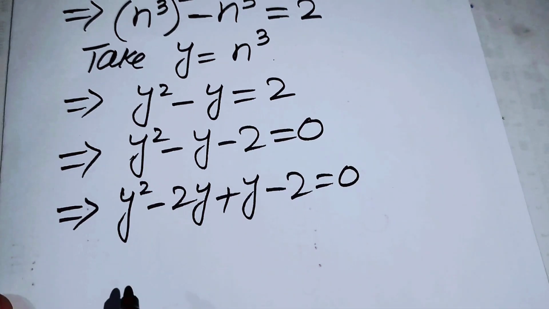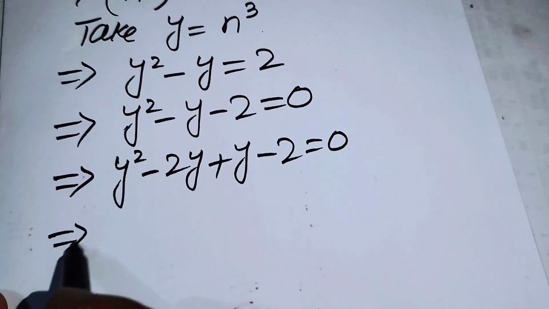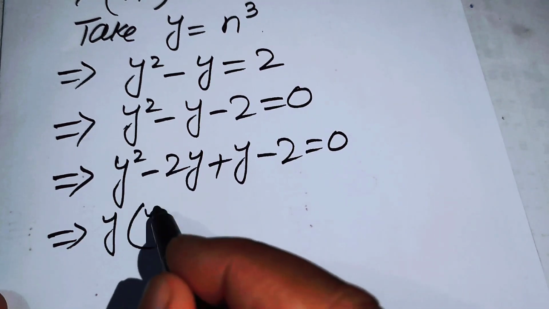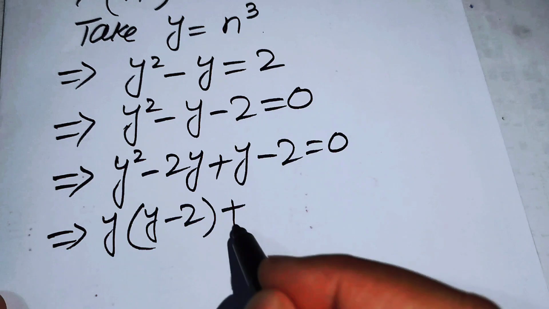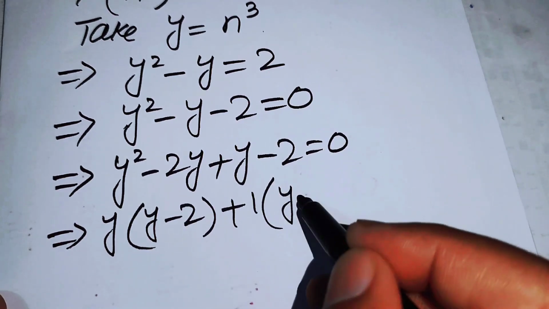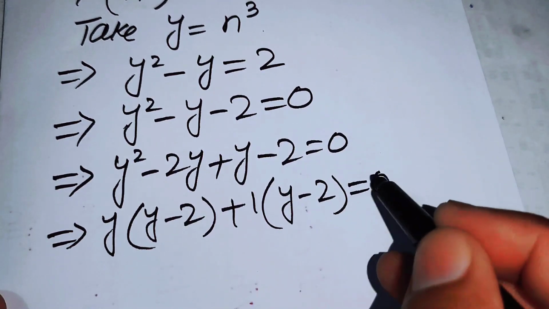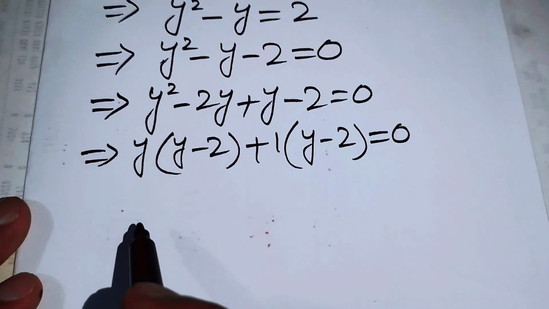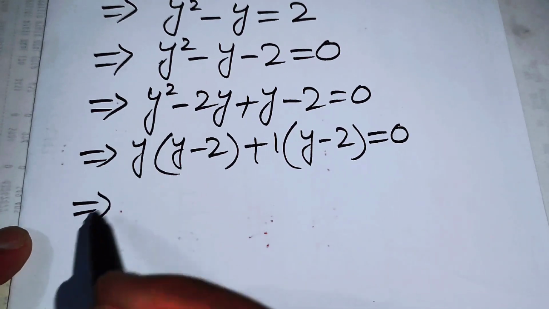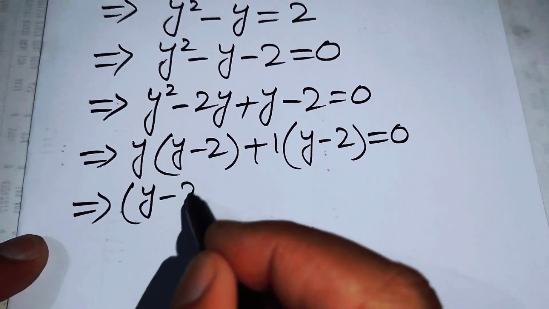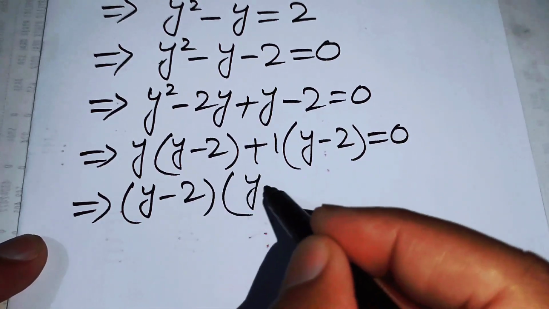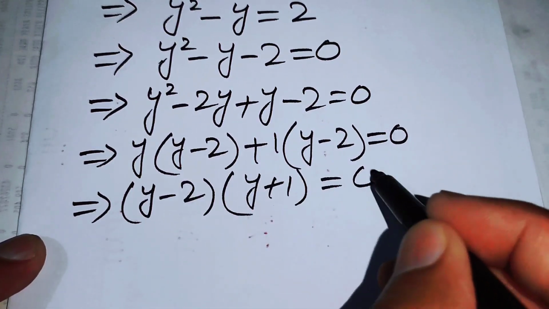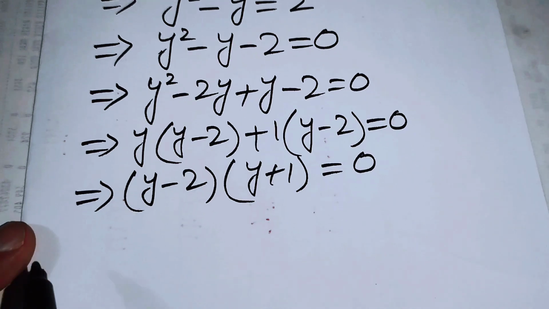Now we take common y from the first two terms, and you get y times y minus 2, plus, here you take common plus 1, and you get y minus 2 is equal to 0. So now we take common y minus 2 from both of the terms, and you get y minus 2 times y plus 1 is equal to 0.